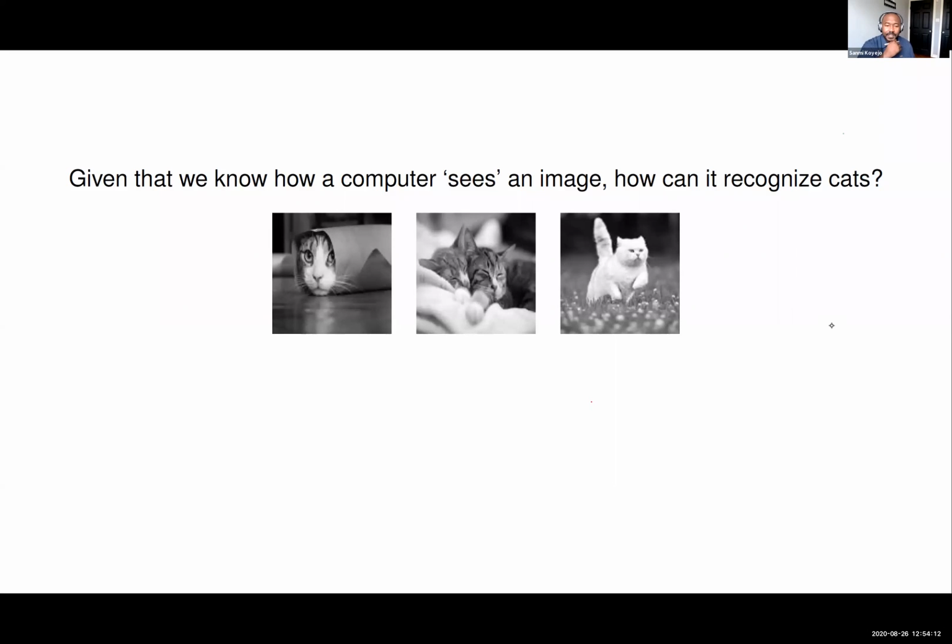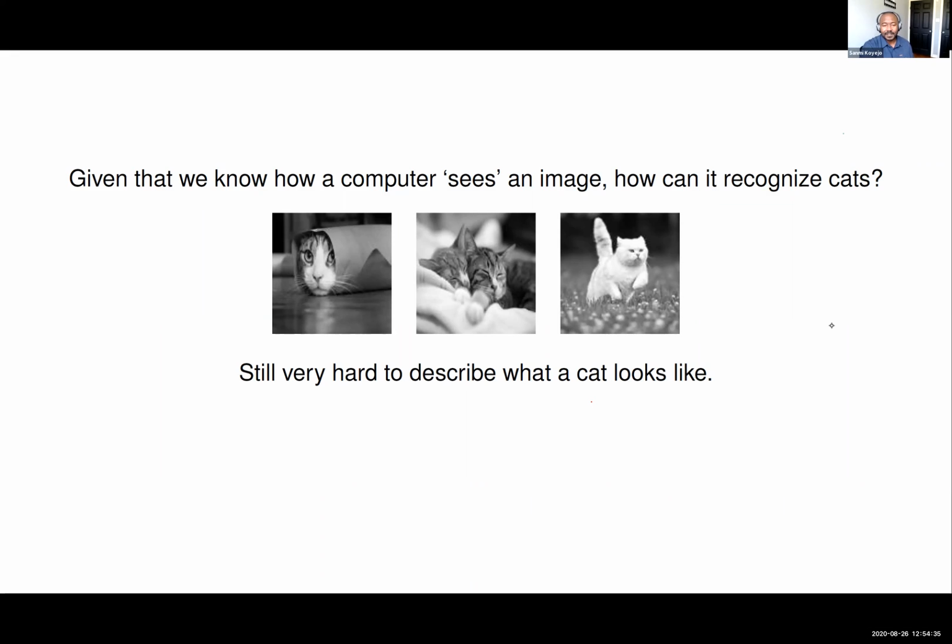So here are a few pictures. The first row, these are all cats. Again, the computer doesn't necessarily get to see or understand this. What's happening is it's seeing these as arrays. Hopefully it's clear that it's quite challenging to describe purely in terms of pixels.